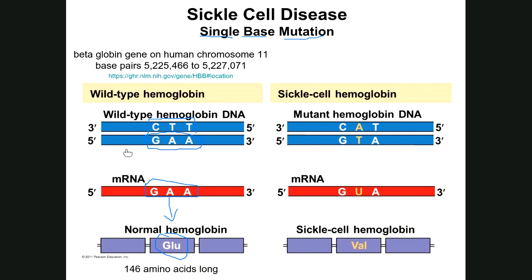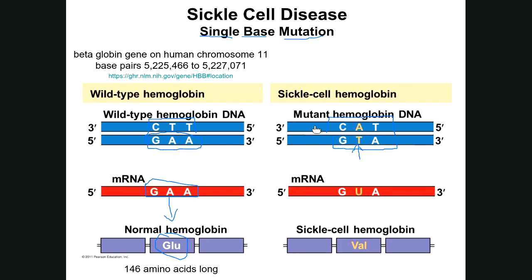So now, instead of the codon on the forward strand reading GAA, the codon reads GTA. Therefore, on the reverse strand, the complement is no longer CTT, the complement is CAT. It's just one nucleotide base change.